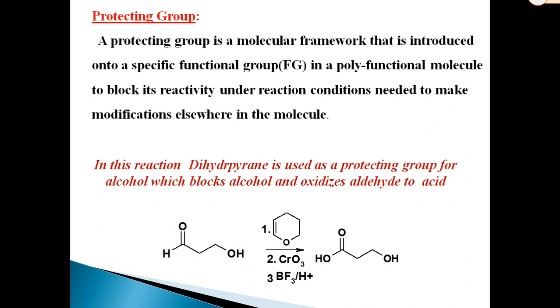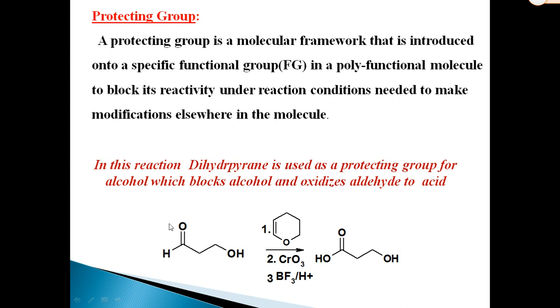protecting groups. A protecting group is a molecular framework that is introduced on a specific functional group. See here, this protecting group dihydropyran is introduced to the hydroxy group. This is the specific functional group in a polyfunctional molecule, to block its reactivity under reaction conditions, to make modification elsewhere in the molecule.